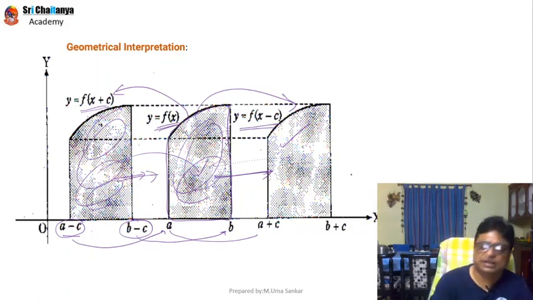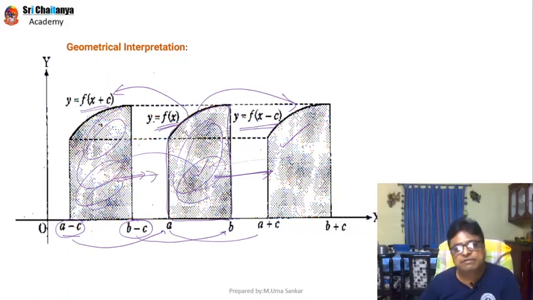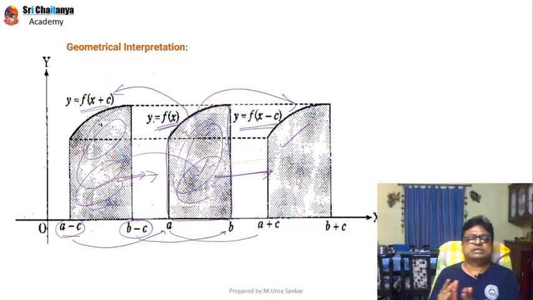This is another important property. Already I have given the analytical proof also. This is the geometrical proof. More than the proof, please practice the graphs of a function f of x and f of x plus c and f of x minus c. That means, if you know sin x, how to draw sin x minus 1, how to draw sin x minus 2. You know the graph of log x, how to draw log x minus 1, how to draw log x plus 1, something like that.